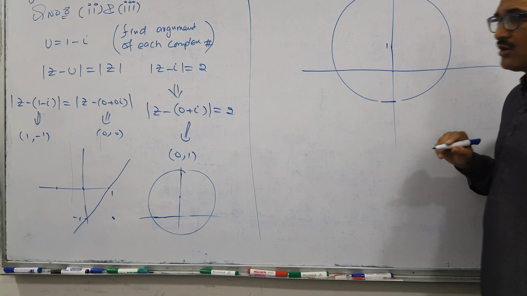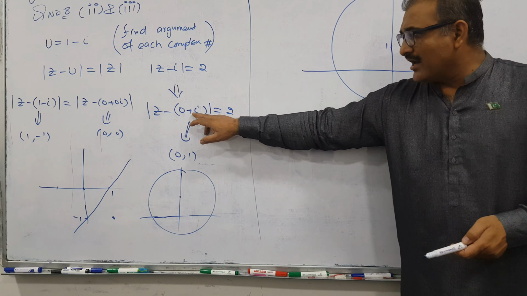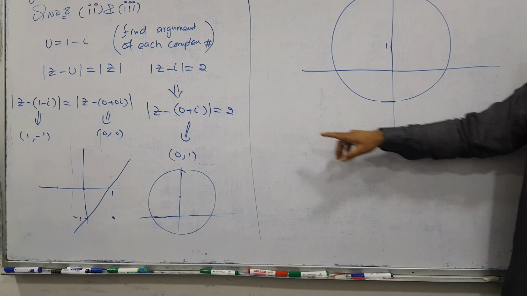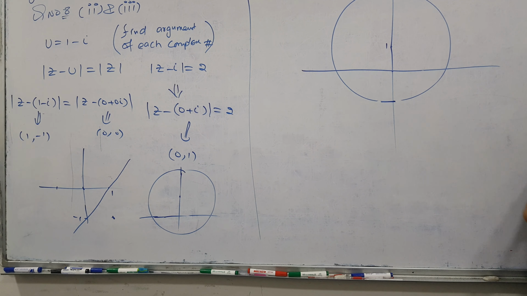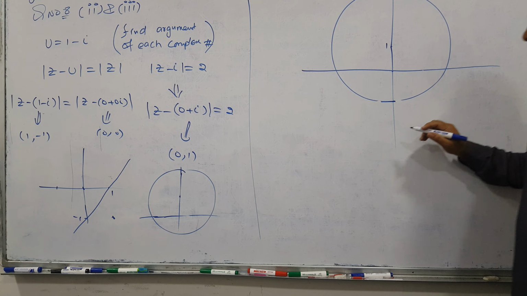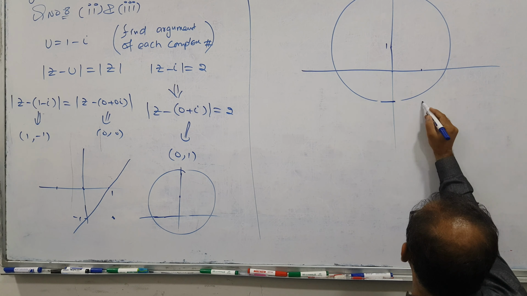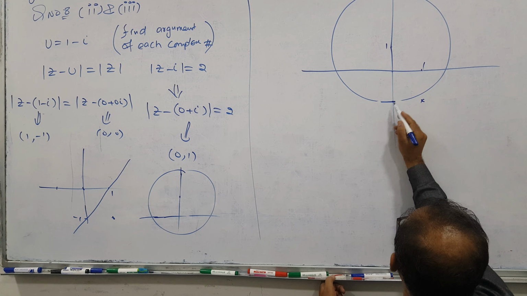Now concentrate once again. 1 is here, (0, 1) is the center, x is 0, y is 1, and the radius is 2. So this gap is 1 and this gap is also 1. Clear? So this is the circle. Now draw a perpendicular bisector. This is 1 and this is 1. The second point is here, at 1 and minus 1.